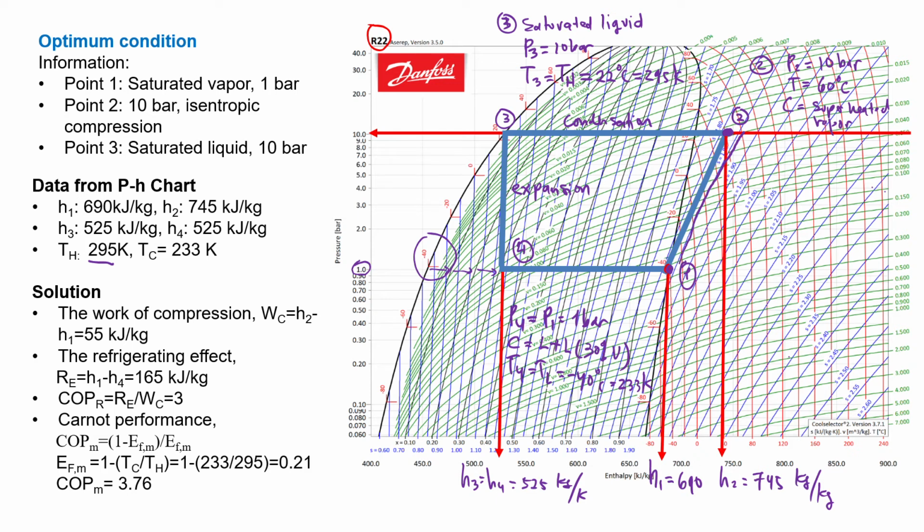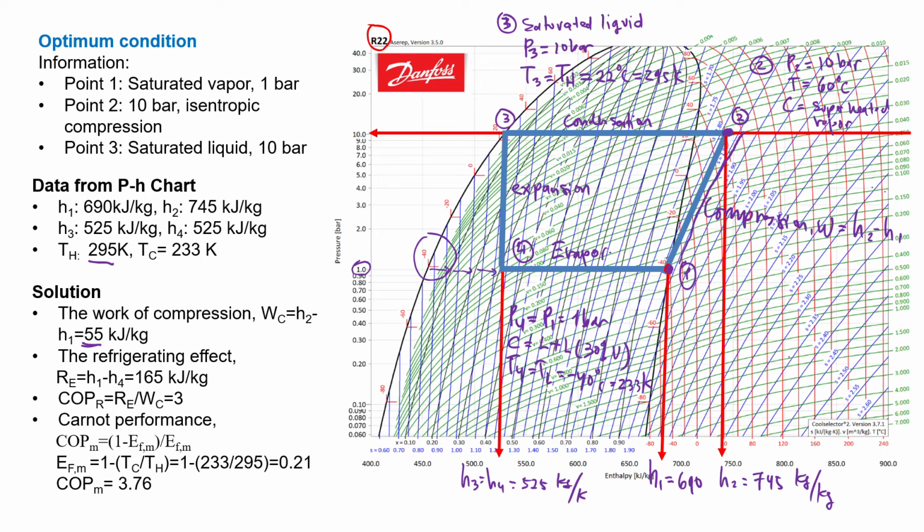The compression work is equal to H2 minus H1. So 745 minus 690 equals 55 kilojoule per kilogram. The refrigeration effect is what we absorb as heat, so that is during evaporation.